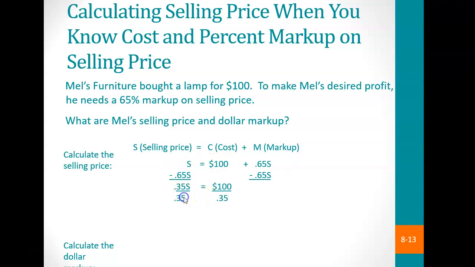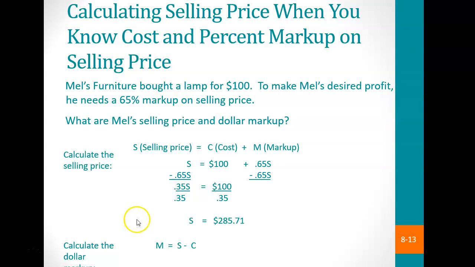We're going to divide both sides by 0.35. Therefore, the selling price will equal $285.71. Because once again, for this illustration, the markup is 65% on the selling price, not on the actual cost.